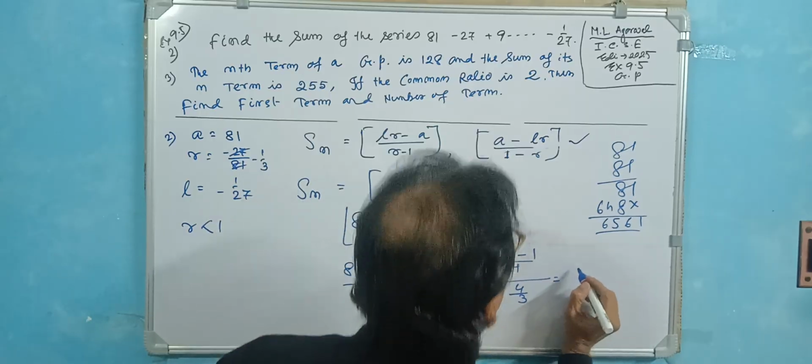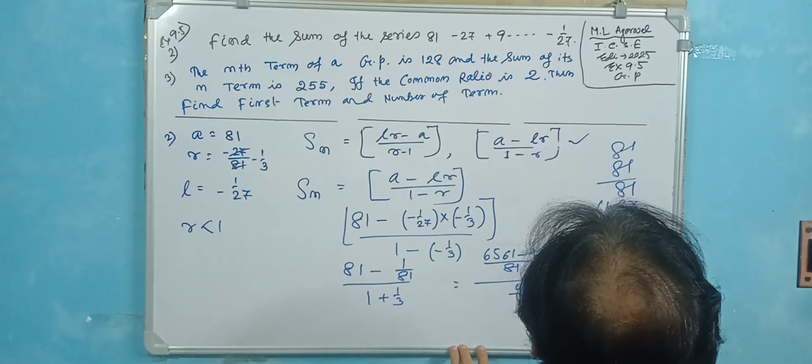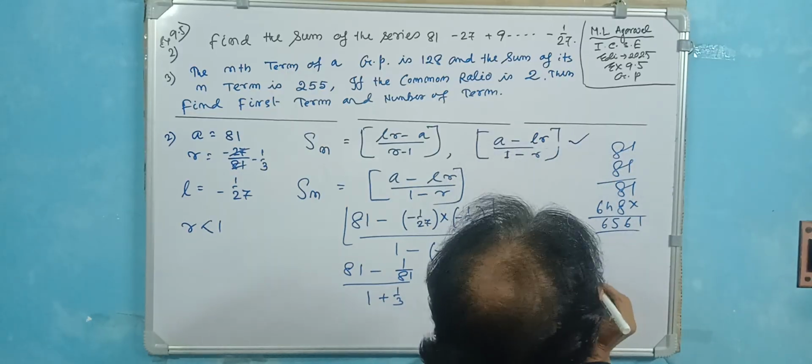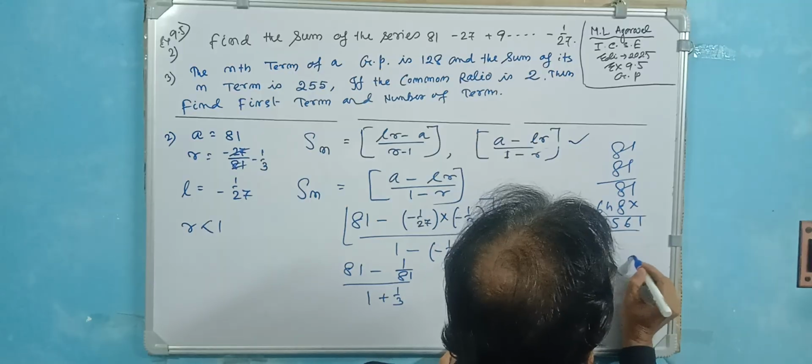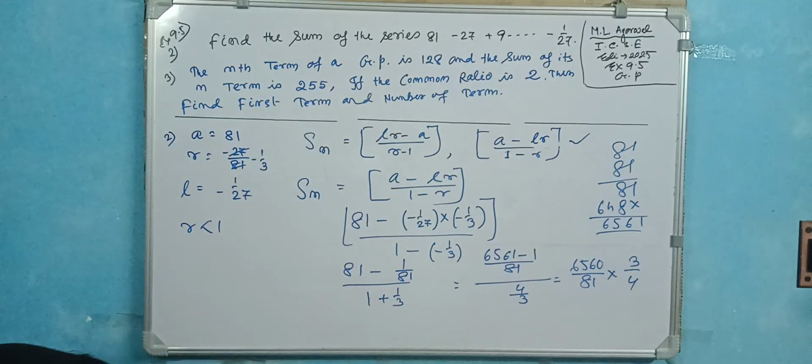So the ultimate is 6560 by 81 into 3 by 4.